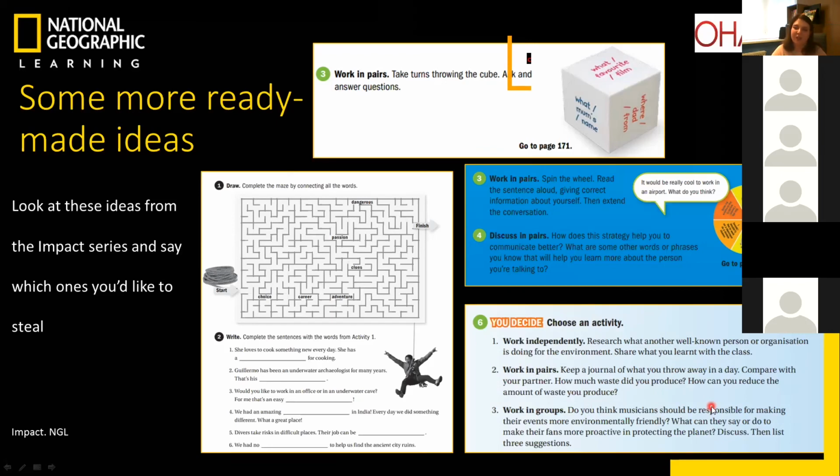If they are not in the mood of working with other people, then of course, here you go, work independently. If they really want to collaborate, they can work in pairs or in bigger groups. And I personally find this idea fantastic. Especially when you teach teenagers, it's important that they see that they may have a choice.